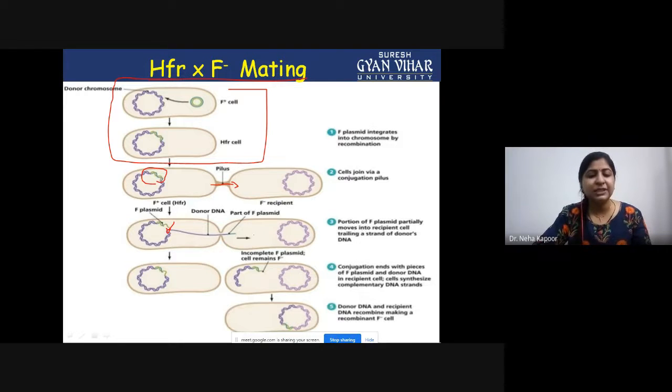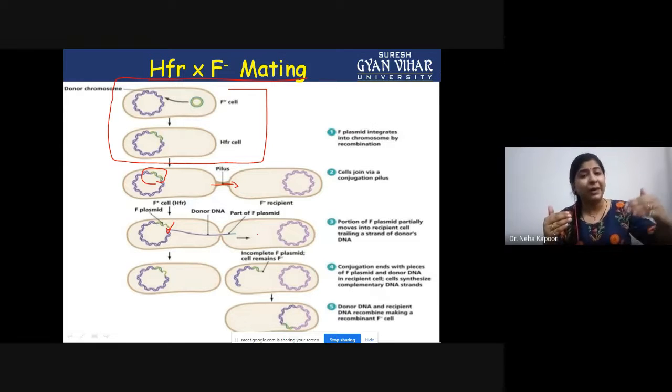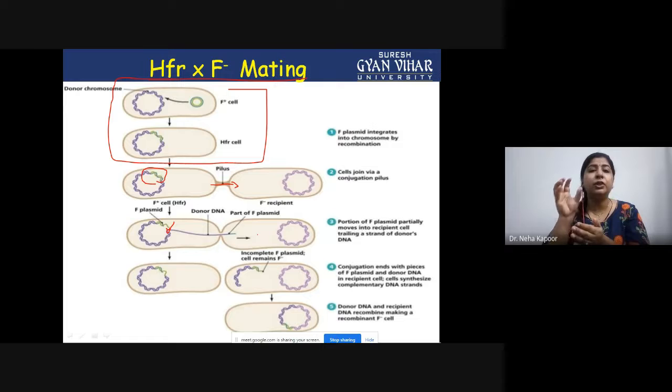Now, once this is transferred, what will happen? Because right now, this plasmid is present in the integrated form within the bacterial genome. So what will happen when this one strand of F plasmid is being transferred to the recipient bacteria? At that time, along with the F plasmid, some of the donor genomic DNA would also get transferred, as you can see here.